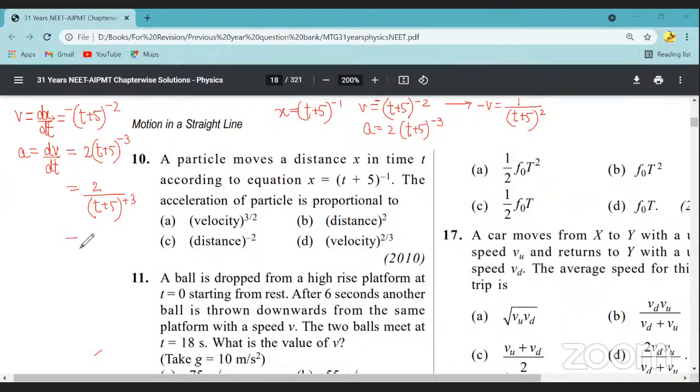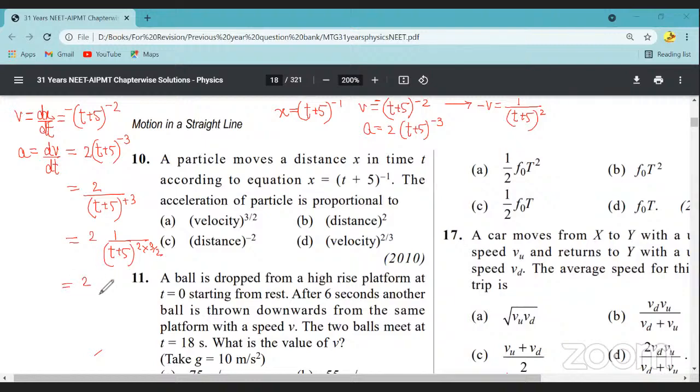So this can be written as 2 into 1 by t plus 5 to the power 2 into 3/2, right?